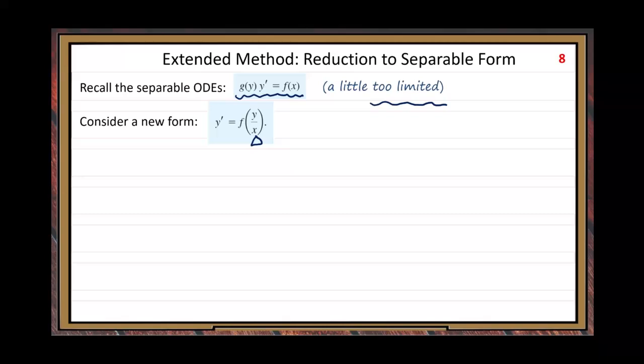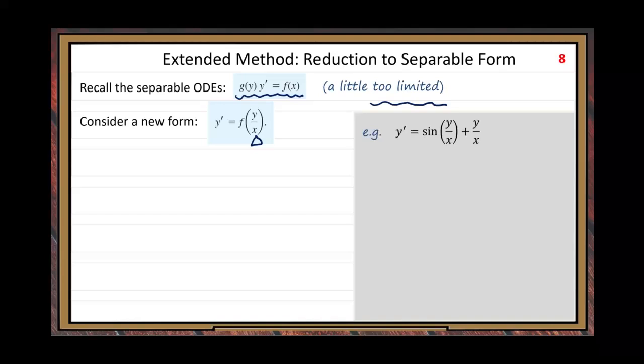Let's take a look at how to do the conversion. Here, let me give you a simple example. At this place, the function f equals sine plus, right?